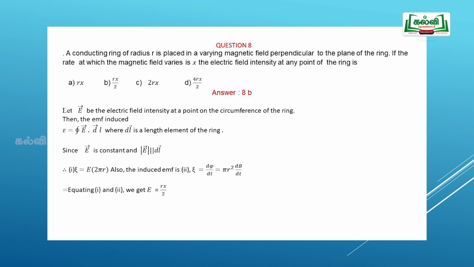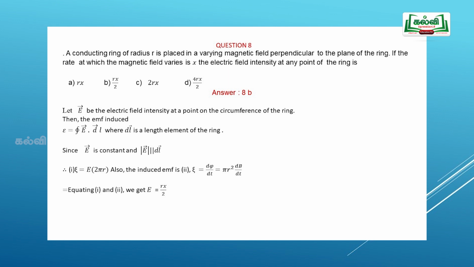Question number 8. This is a very cute problem. What is it? A conducting ring of radius r is placed in a magnetic field. Usually so far we have been considering either the coil moving or the conductor moving. Now in this case the ring is at rest and the magnetic field is changing.